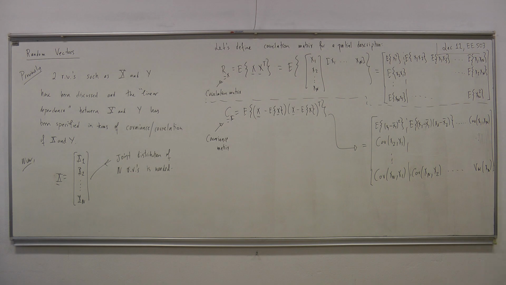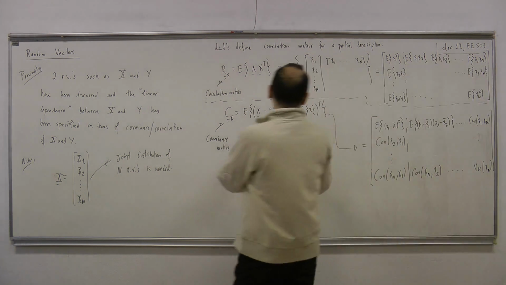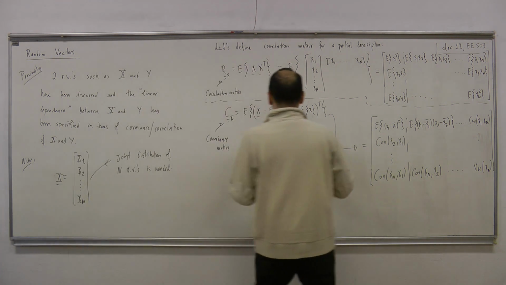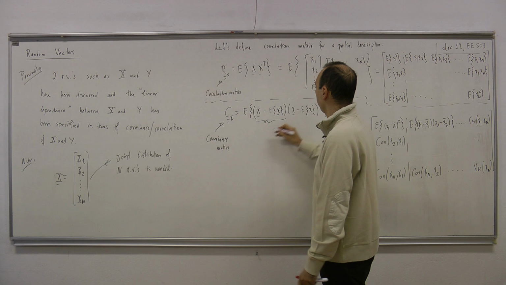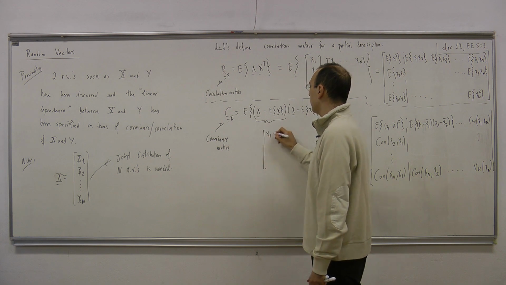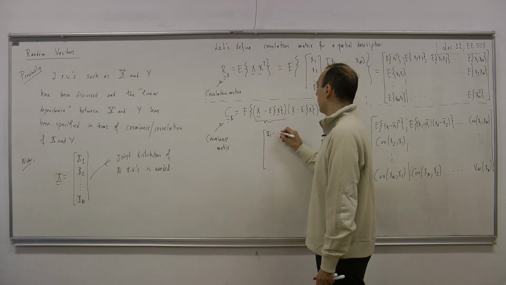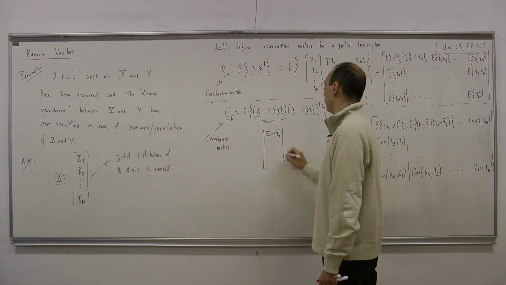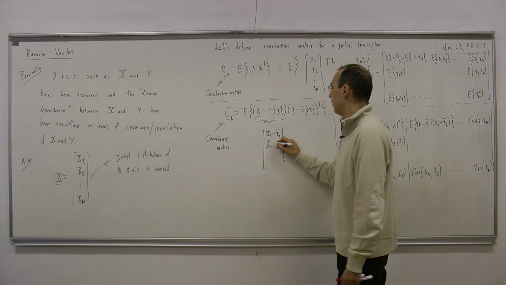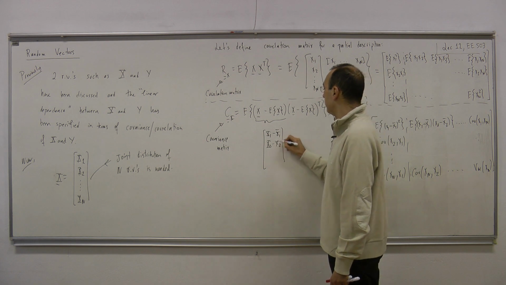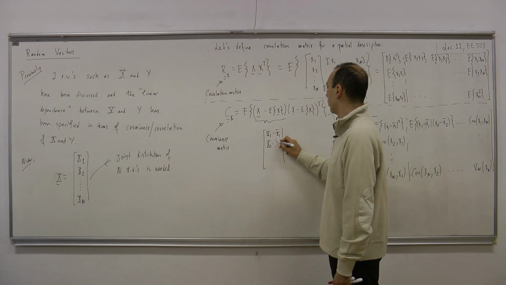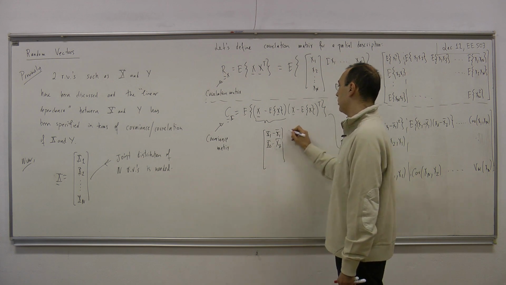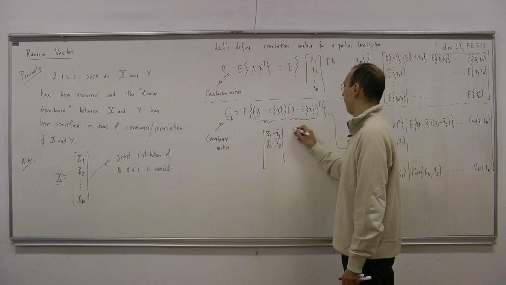So what's going on? Well, let me write this vector. This is x1, random variable, minus the mean value of x1. x2, random variable, minus the mean value of this. Okay? I have this, so the transpose of this is over here.